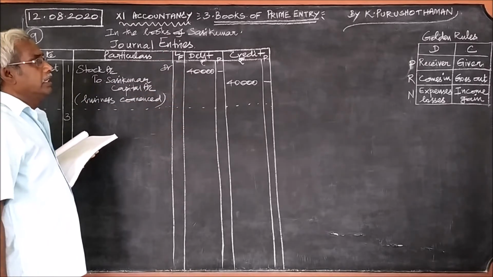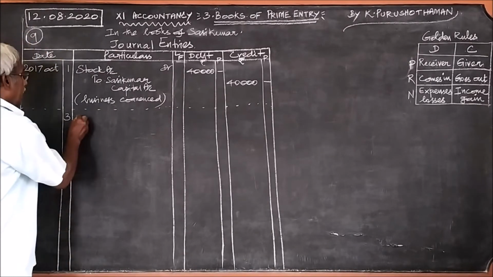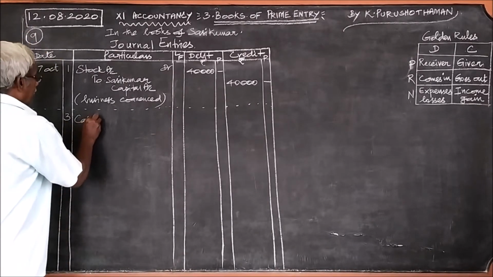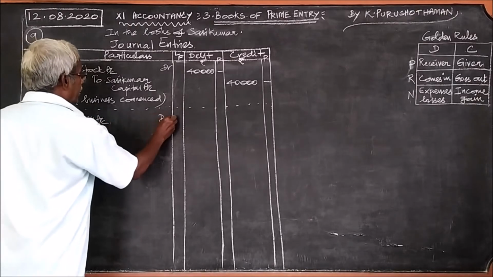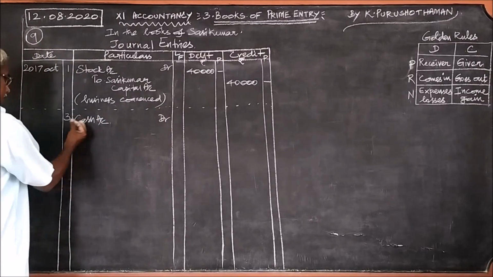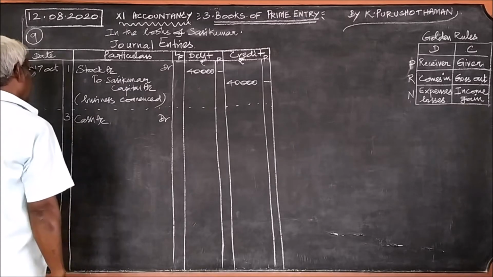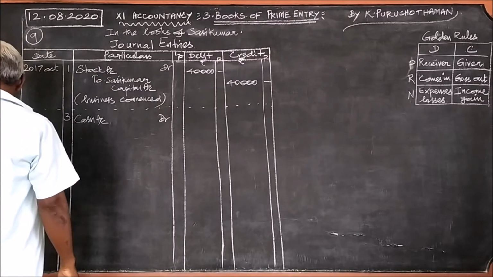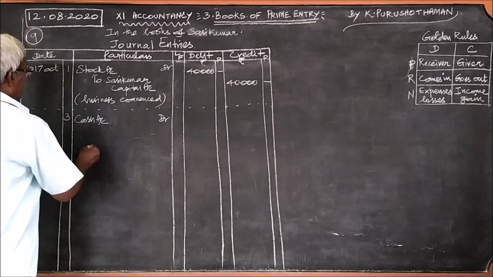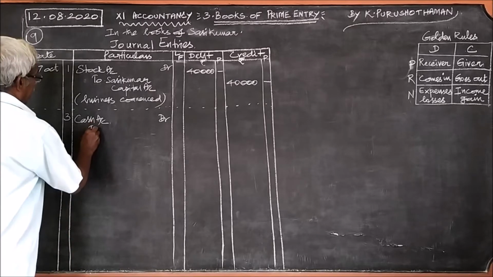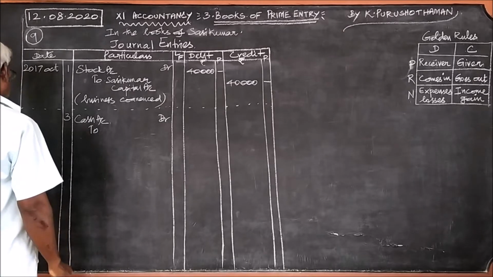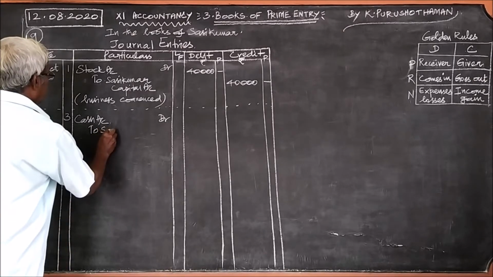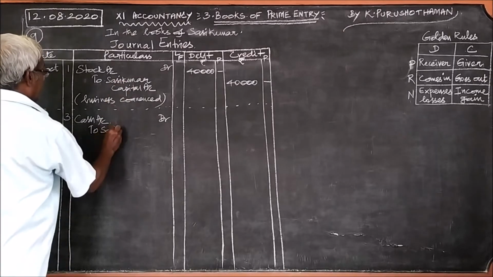Cash comes in, cash account debit. Cash introduced means the cash is coming into the business. Whenever cash is introduced in the business, it is called capital. Therefore, to capital account, whose capital account? Sasi Kumar's capital account.